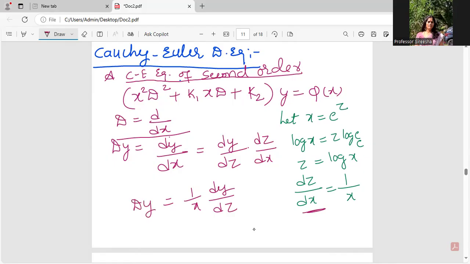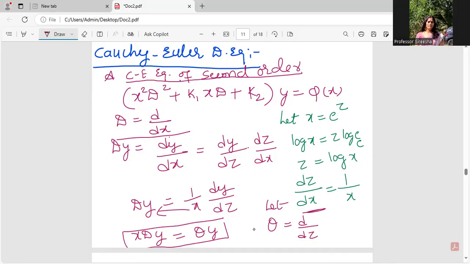Now I will write theta is equal to d by dz. I'll assume again, then what will happen? I'll take x this side, so xDy is equal to theta into y. Is that fine? I can write like this, right? Now this value I have already got.